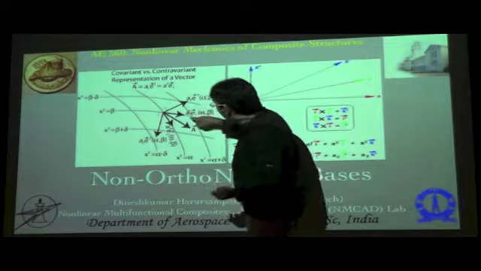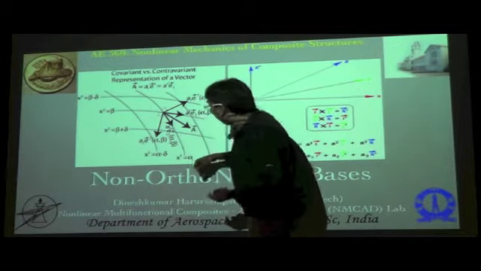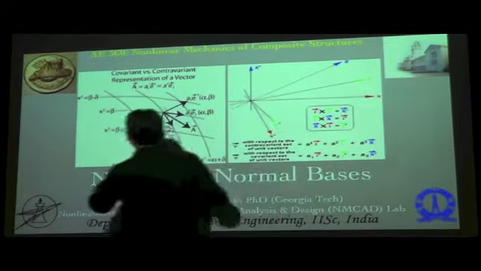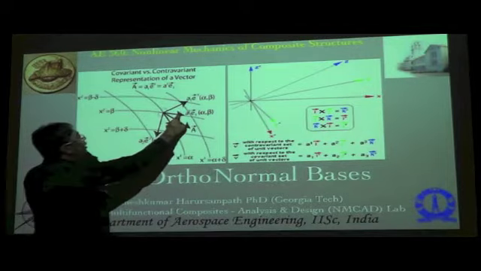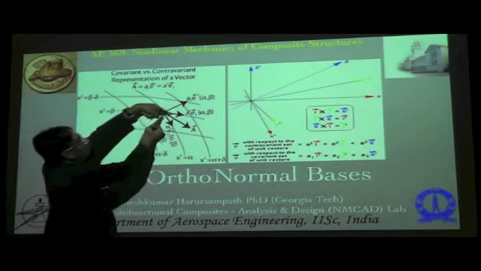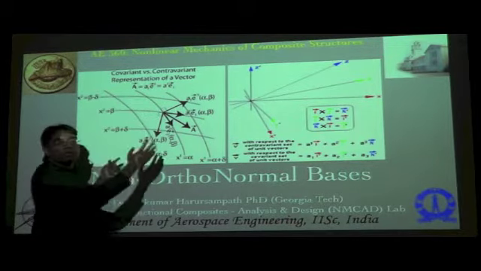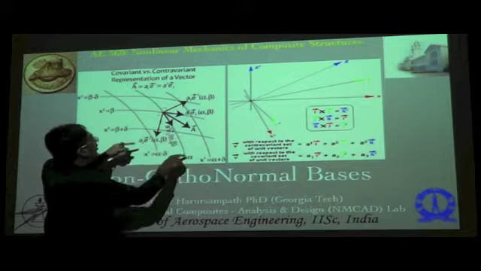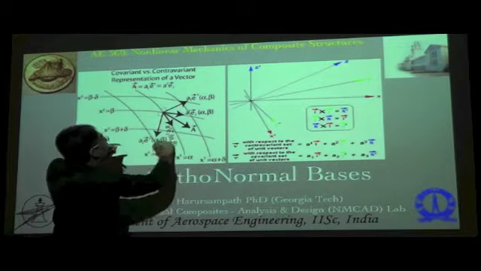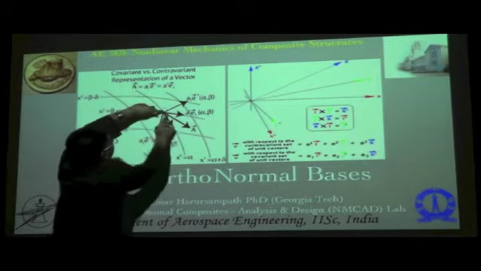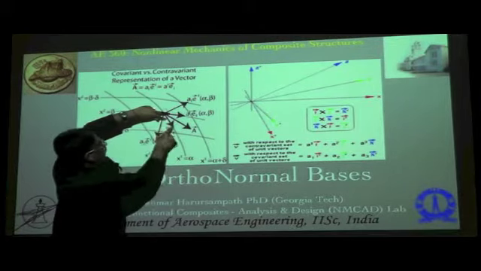These are represented by these superscripts a1 and a2 over here. So these two are the contravariant basis vectors, which you see are perpendicular to the coordinate surfaces, whereas these are the tangential.